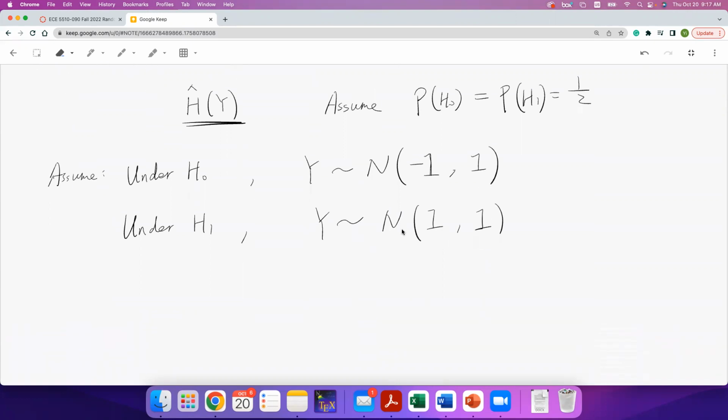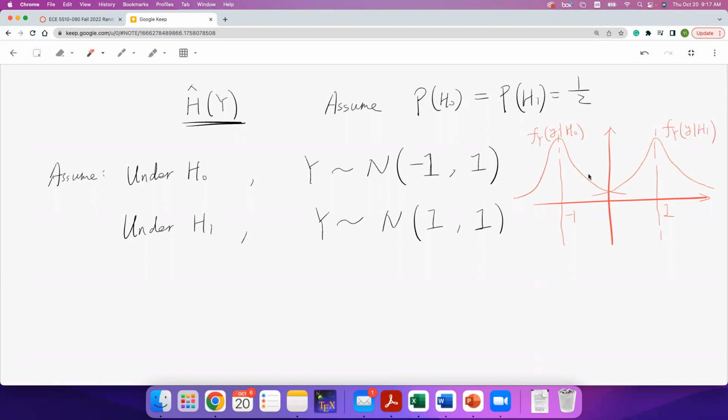If you sketch these two distributions, this is the distribution of f_Y conditioned on H0, and this is f_Y conditioned on H1.